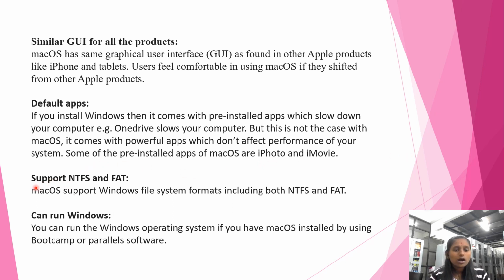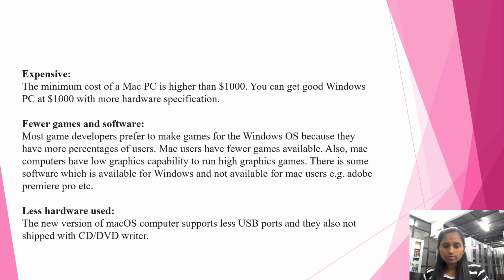Another advantage is support for NTFS and FAT. macOS supports file system formats including both NTFS and FAT. It can also run Windows. You can run the Windows operating system if you have Mac OS installed by using Boot Camp or Parallels software.